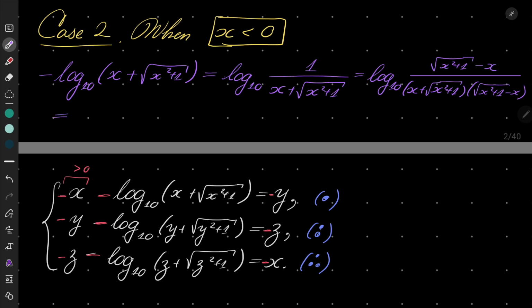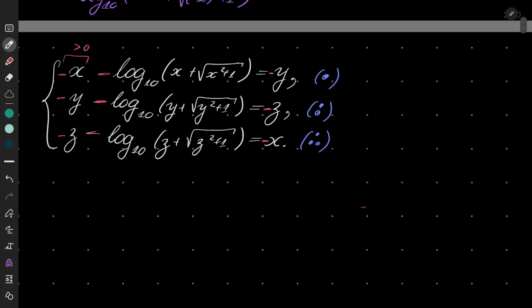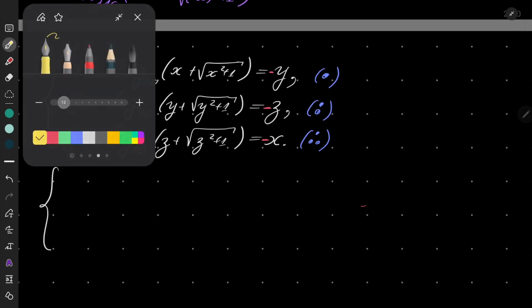And what do I have? Well, I have decimal logarithm of minus x plus square root of x squared plus 1, and instead of x I can also put minus x, because we know it's the same. The denominator is 1.